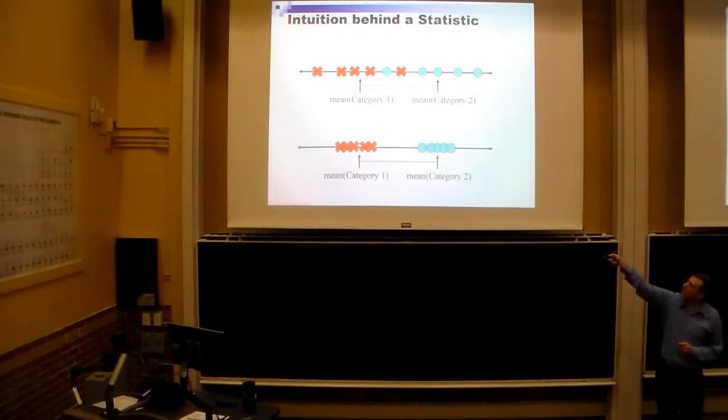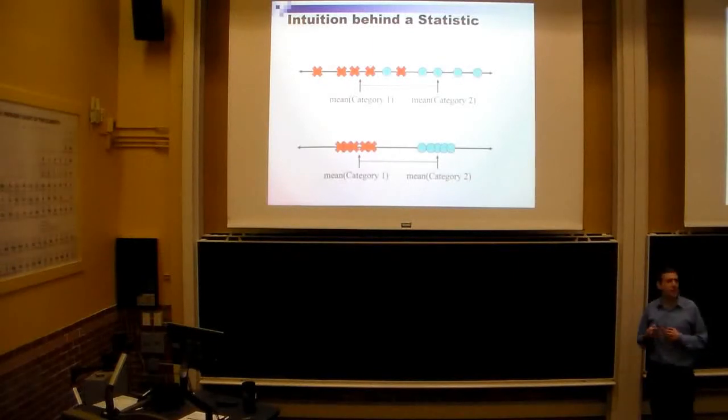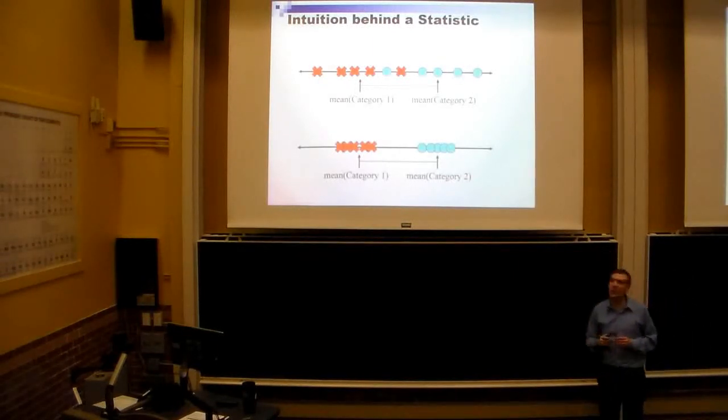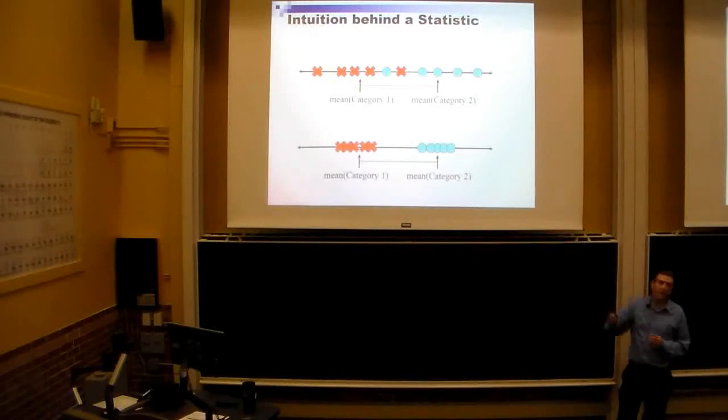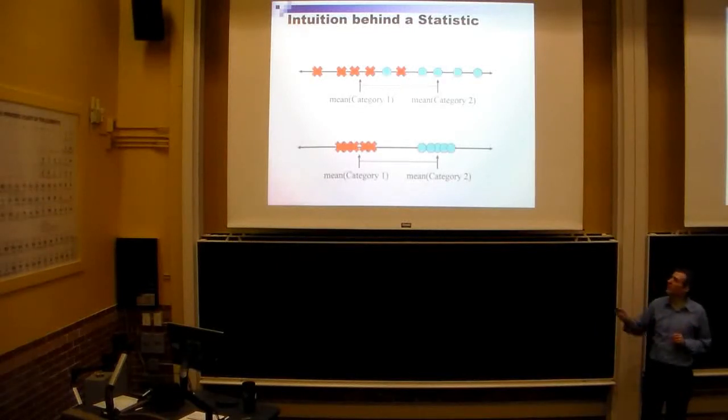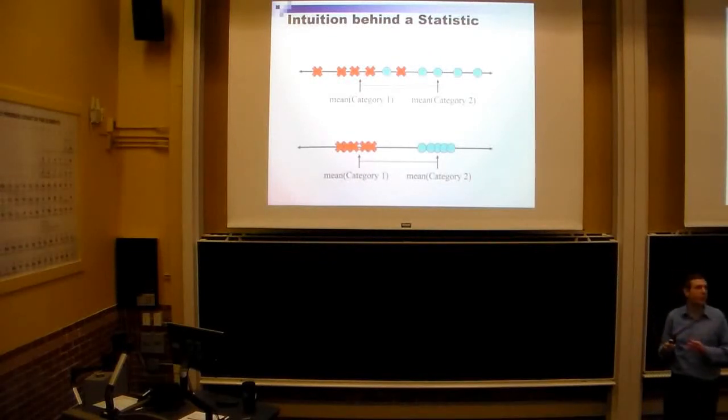So having means that are relatively far apart doesn't mean that much if there's a lot of variability within the two classes of data. If you have a very spread out Gaussian distribution, you're going to, just by random chance, have your points pretty far spread apart, and it's fairly plausible you would get a relatively large mean difference even if the points are drawn from the same data set.